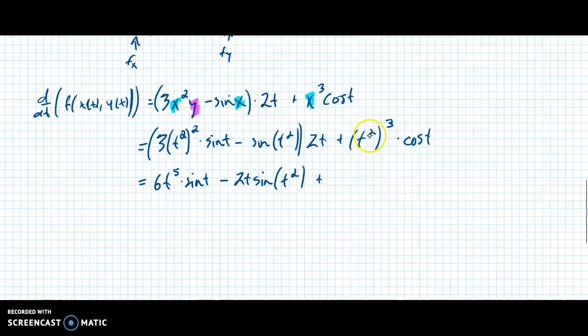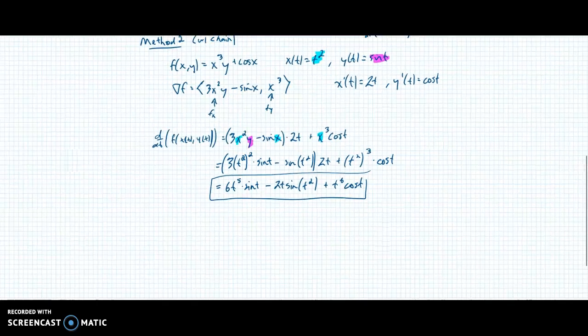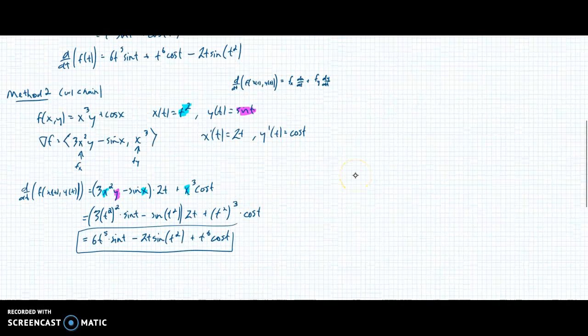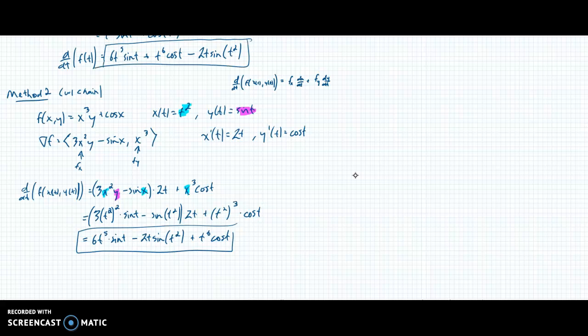And then plus t to the 6 cosine t. Now look, this is the same as what we have up here. They got all the same pieces. It's just this one's flip-flopped with that one.